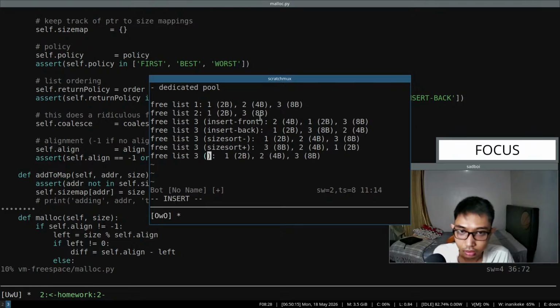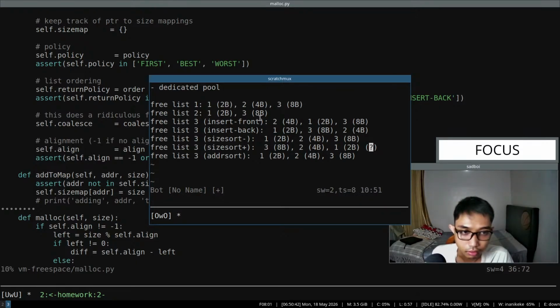And then the address sort. Yeah, with this address 1, address 2, address 3. We are inserting based on the address, I guess.